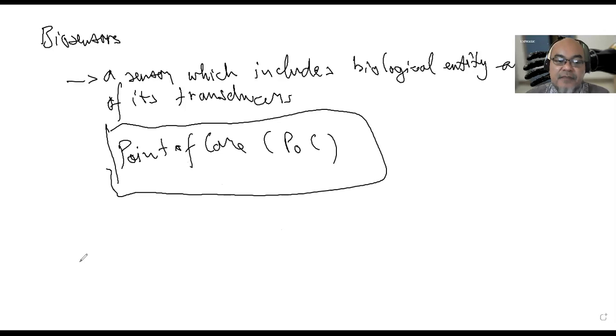So for example, when we have a signal, we have different blocks. The first one will be the biological entity.